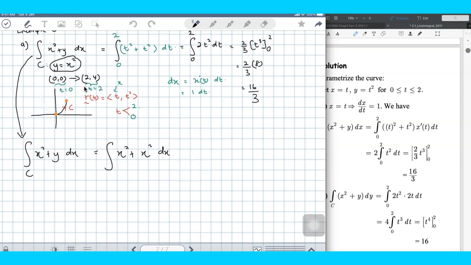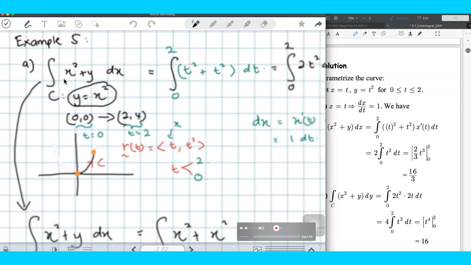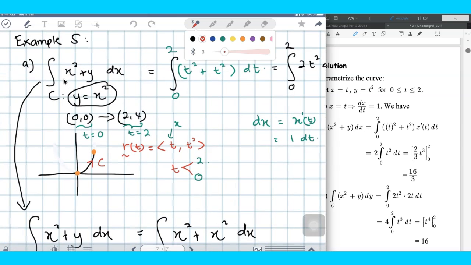Now, based on your curve, what is the limit of x? Because we integrate with respect to x and everything is in terms of x, you have to be able to find the limit of x. So look at your points and focus on the x component.